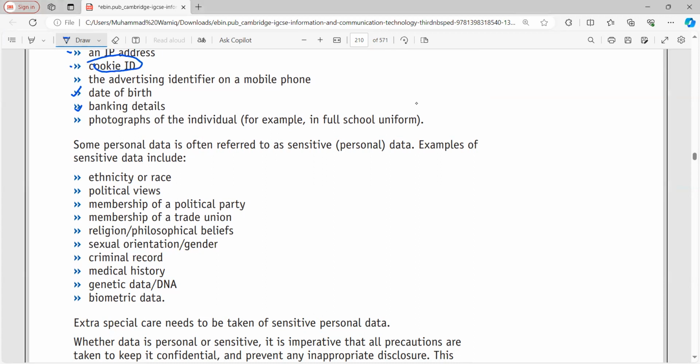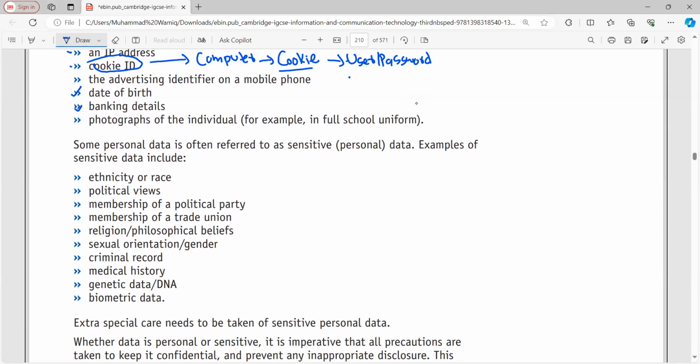Regarding cookie ID, whenever you are using your computer, files named cookies are stored on your computer. These cookies hold your important information, such as your username, your password, your internet tracking habits, your history, and the data you mostly visit.